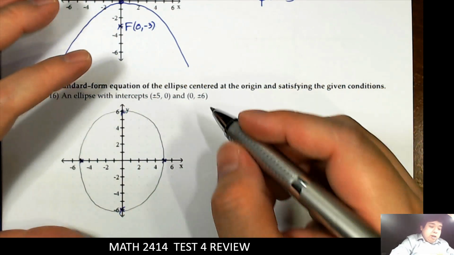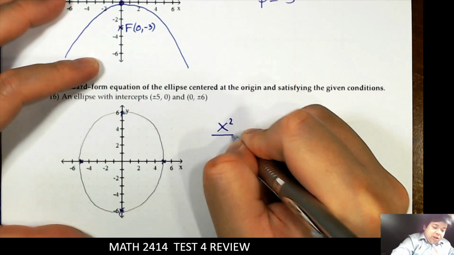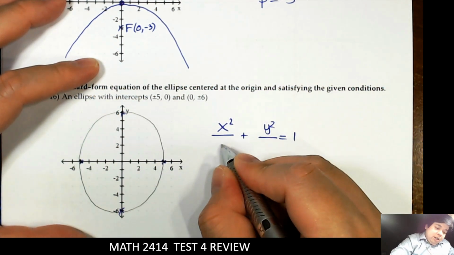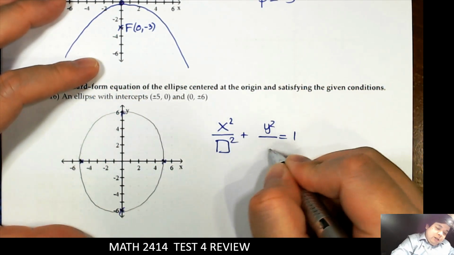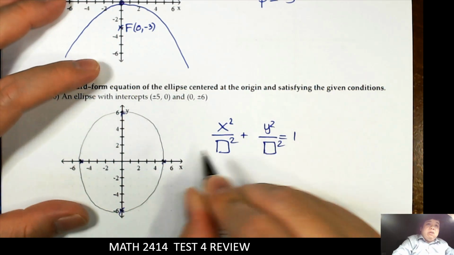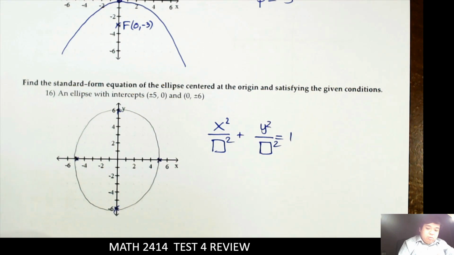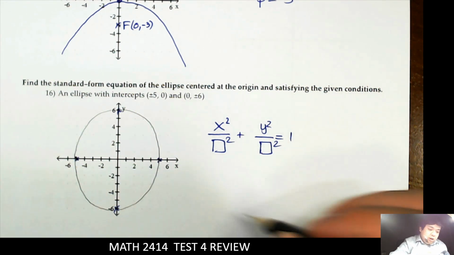So pretty much we're going to write the equation of the ellipse as x squared over something plus y squared over something equal to 1. Whatever that something is, it's going to be the distance from the center to the point of the ellipse.